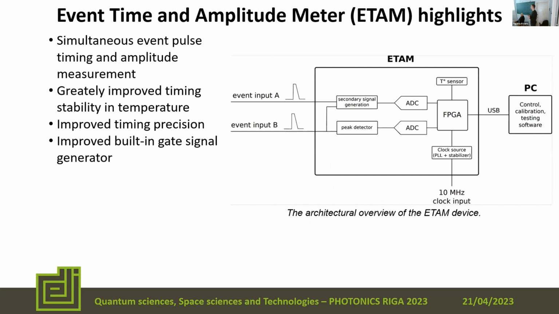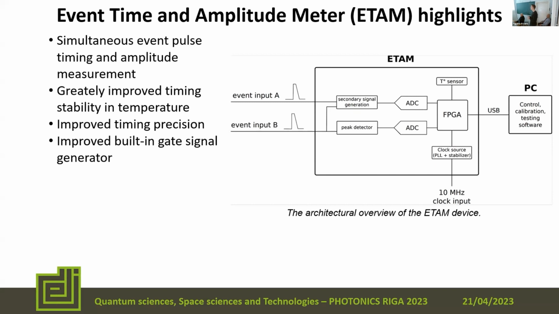All right. So this is the block diagram of our device that we are currently working on, and it will be able to simultaneously detect event time and amplitude. However, it will be able to do it only for one of the inputs, and it will have greatly improved parameter stability in relation to temperature.